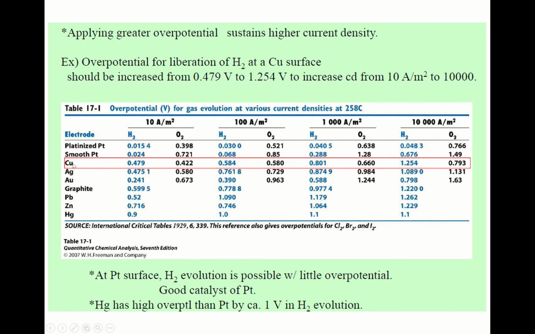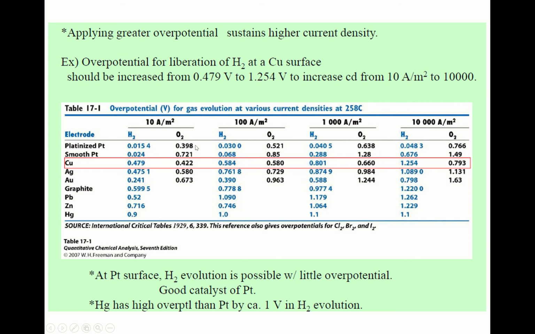Here is the copper electrode; the potential depends on the current density. If current density is simply 10 ampere per square meter, you need 0.479 volt. But if you increase the current density to 10,000 ampere, then you have to increase the potential to 1.254 volt, okay.